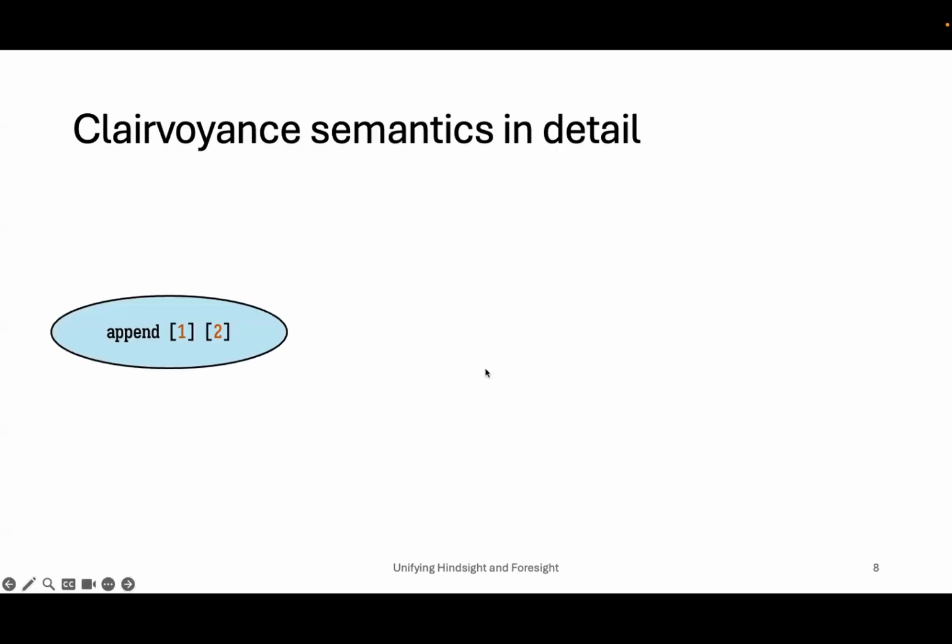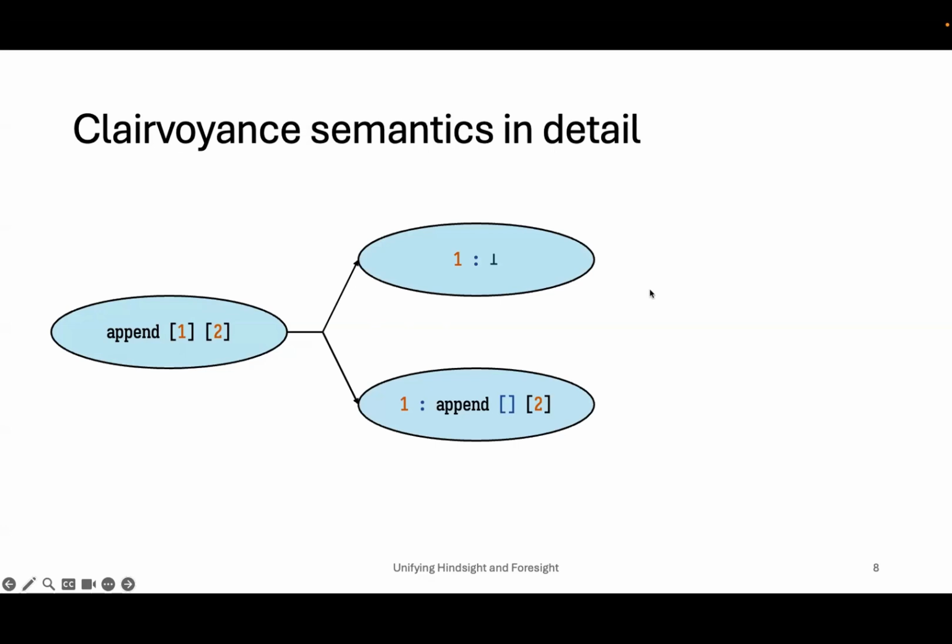Okay, so let's go back to clairvoyant semantics. This is, I claimed, the simpler of the two semantics. It was originally called clairvoyant call by value. And the reason why it's called that is that it is indeed analogous to call by value. So here, I'm appending two lists together, the singleton lists 1 and 2.